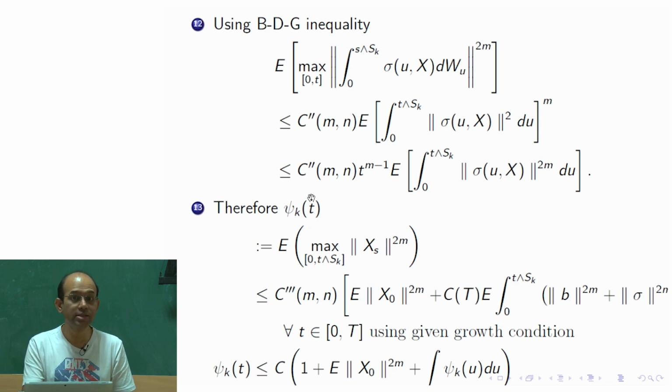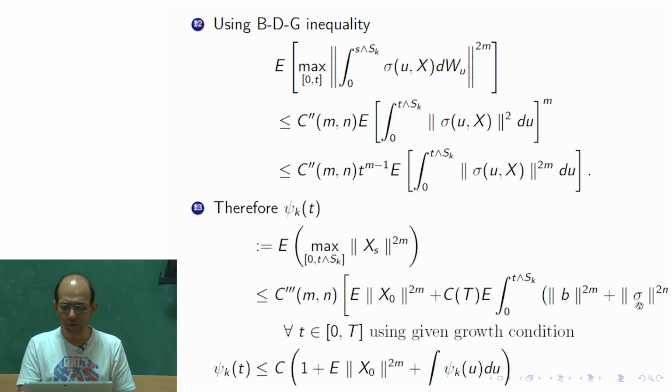So, this psi k t is a function which satisfies this inequality here. Now we use the growth condition. What is given for b and sigma is the at most linear growth condition.